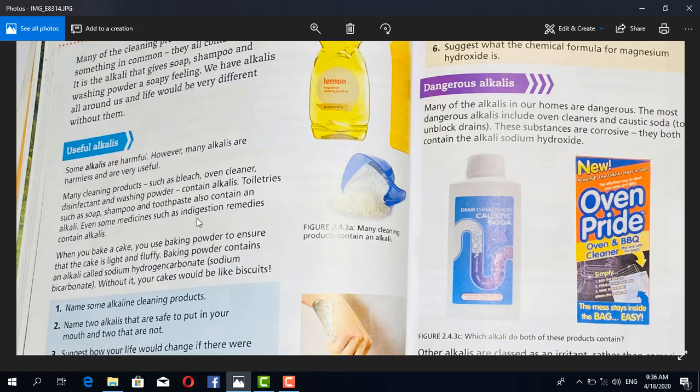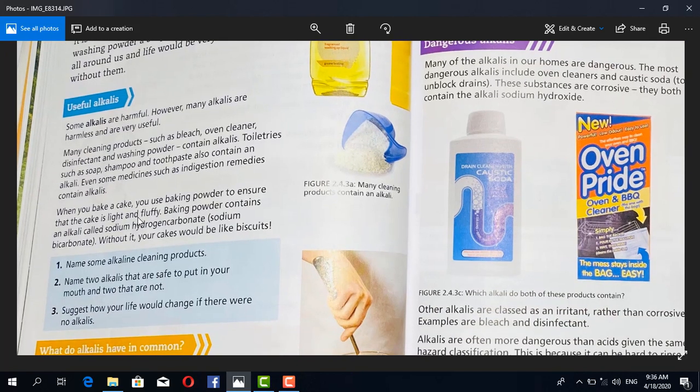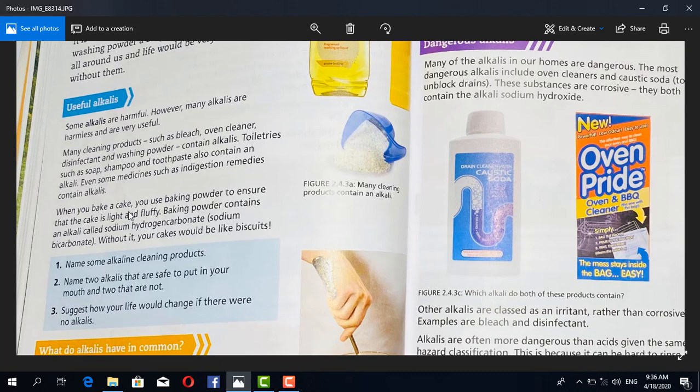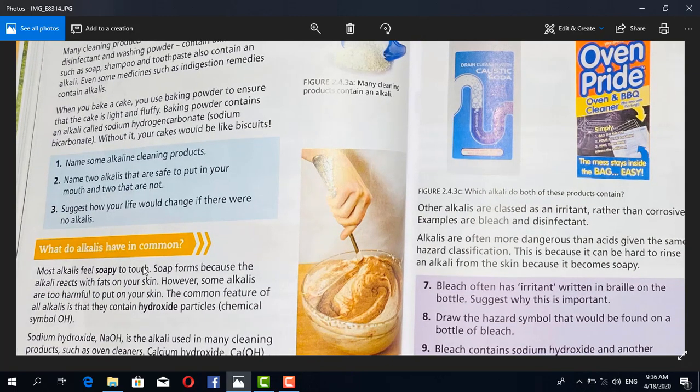Even some medicines like indigestion remedies contain alkali. For example, when you bake a cake, you use baking powder to ensure that the cake is light and fluffy. Baking powder contains an alkali called sodium hydrogen carbonate, or sodium bicarbonate. Without it, your cake will be like biscuits.